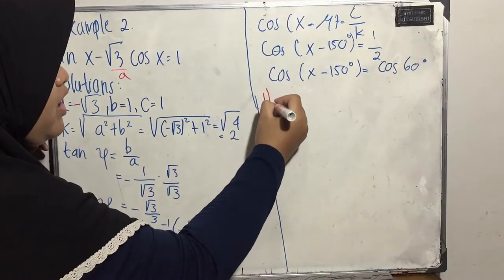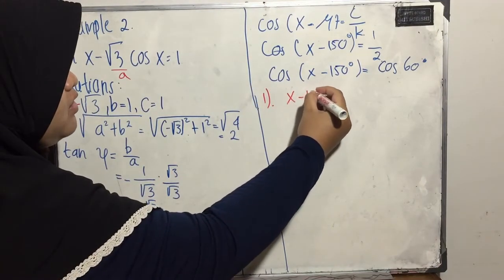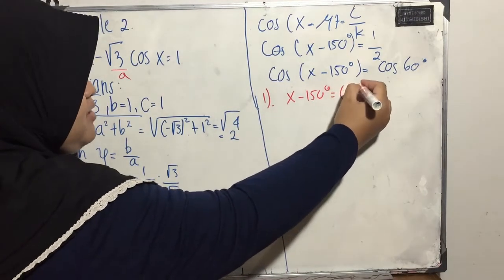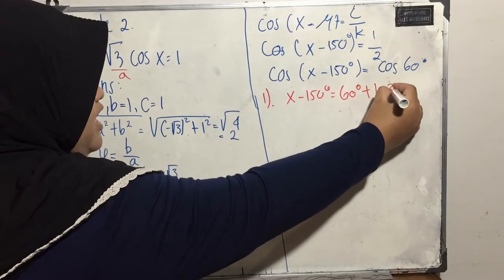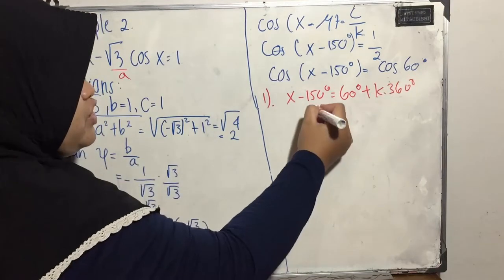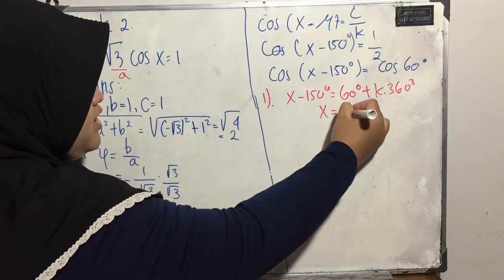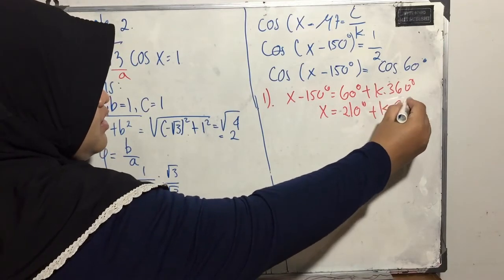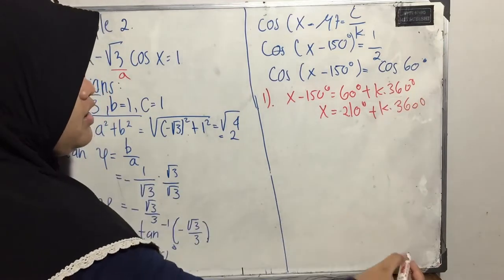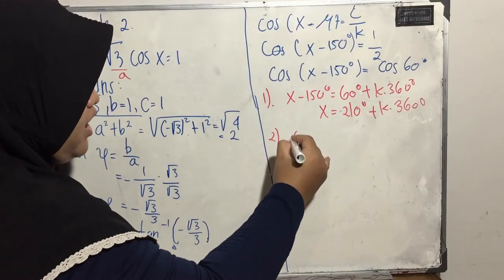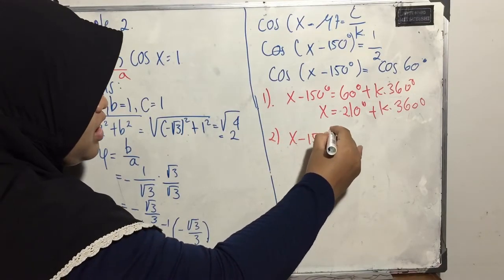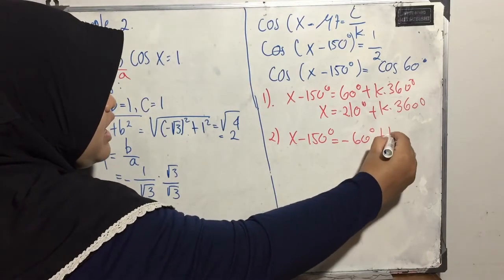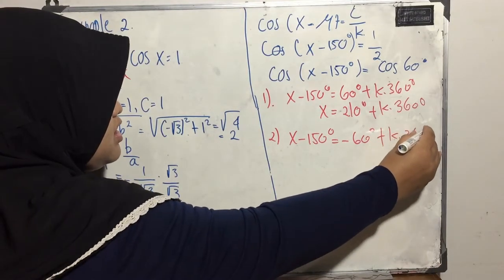The first formula is x minus 150 degree is equal 60 plus k 360. So this one is x equal to 210 degree plus k times 360 degree. The number 2 is x minus 150 degree equal minus 60 degree plus k 360 degree.